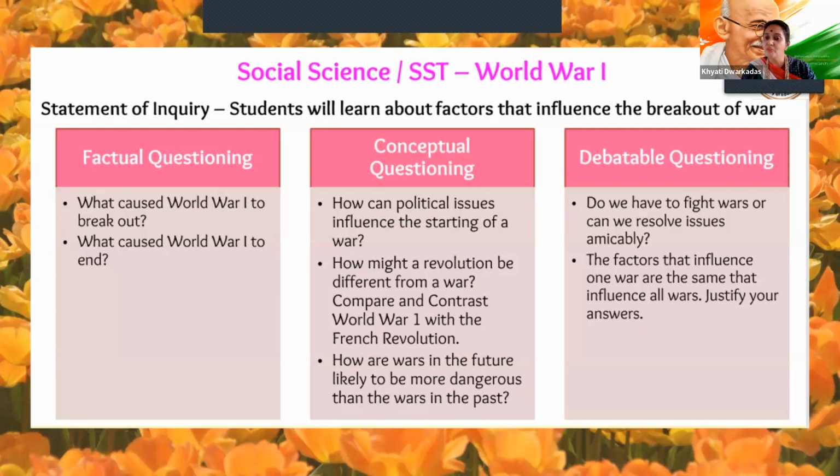The factors that influence one war are the same that influence all wars. Justify your answer. So the student can now openly write viewpoints in the second kind of a question when it is justified. It could be a true, I agree, or I disagree, and the supporting statements.